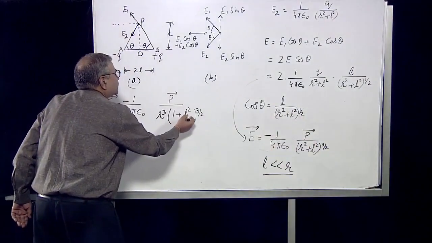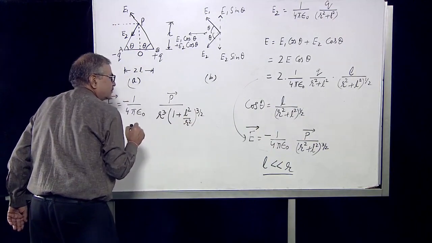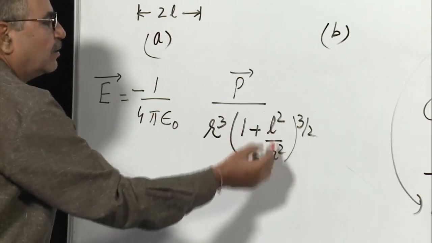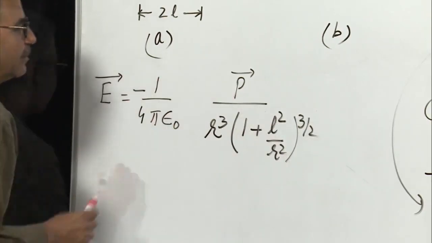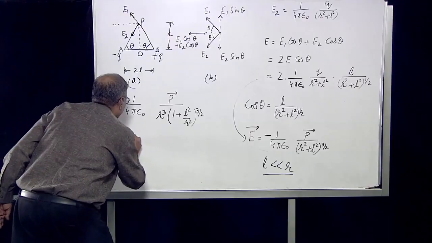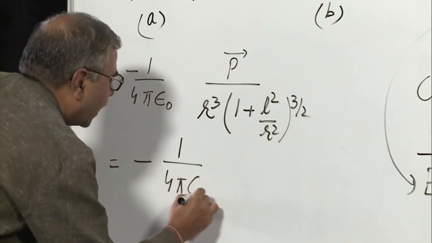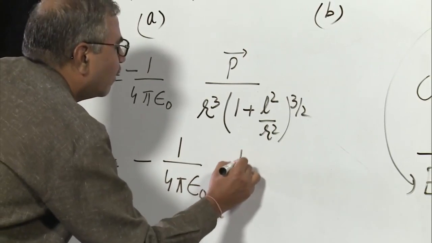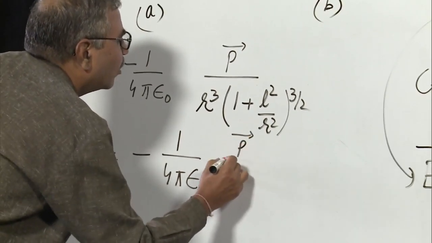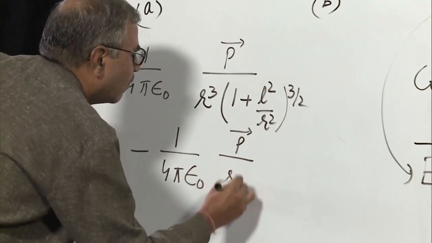As L is very, very small as compared to R, so this term can be neglected. We are left with minus 1 upon 4 pi epsilon naught P upon R cube.